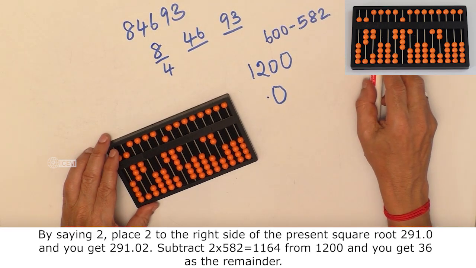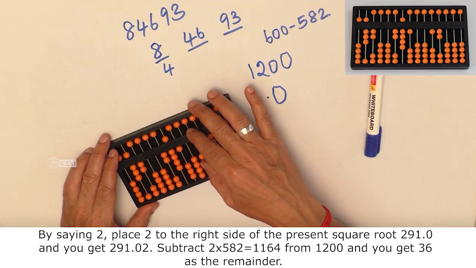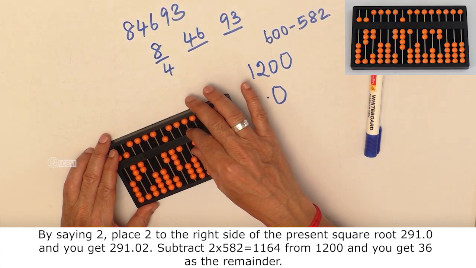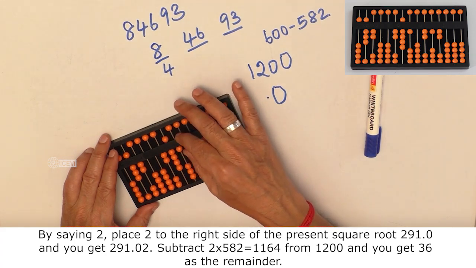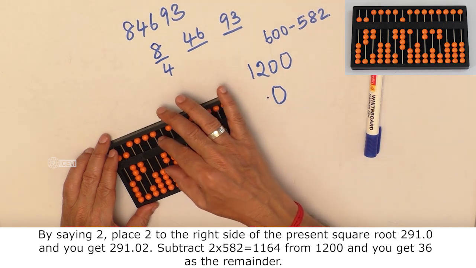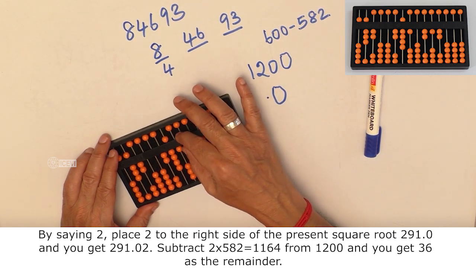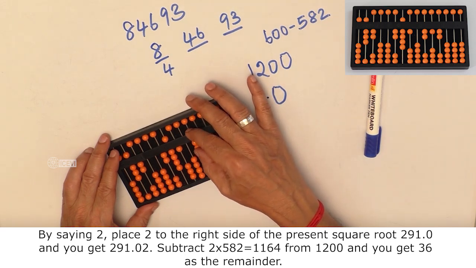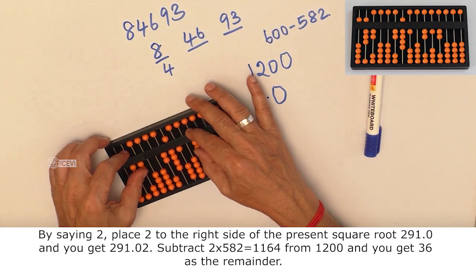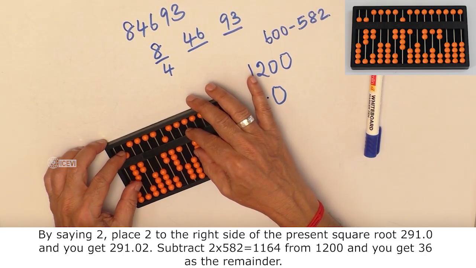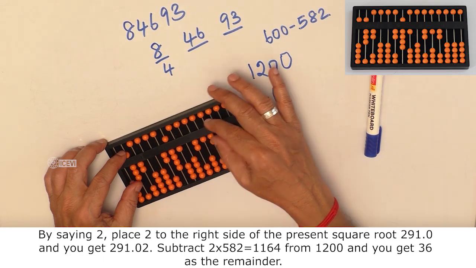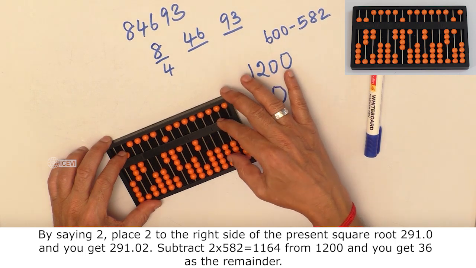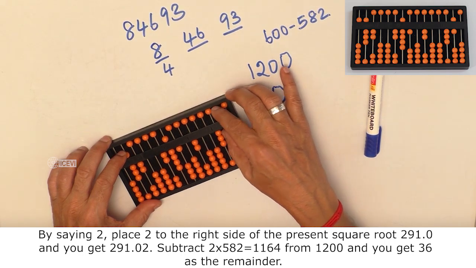By saying 2, place the number 2 to the right of the present square root, that is 291.0. Now you get 291.02. Now subtract 2 multiplied by 582, that is 1164, and by subtracting it from 1200 you get 36 as the remainder.